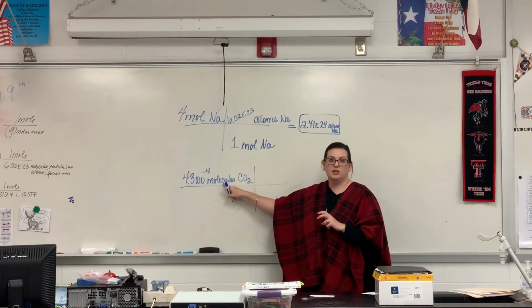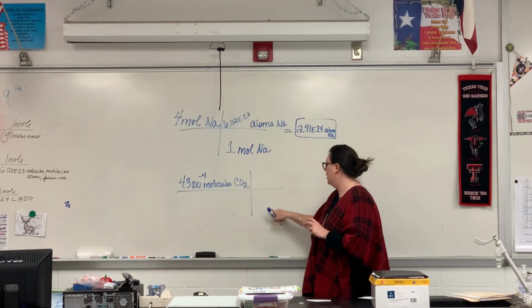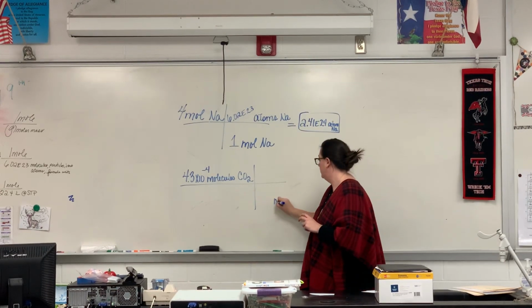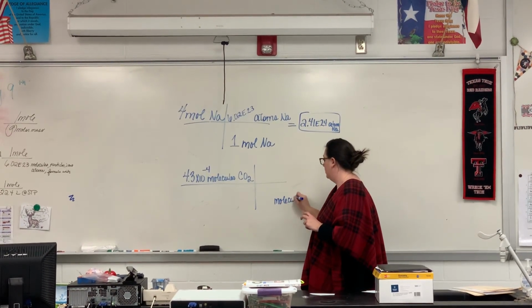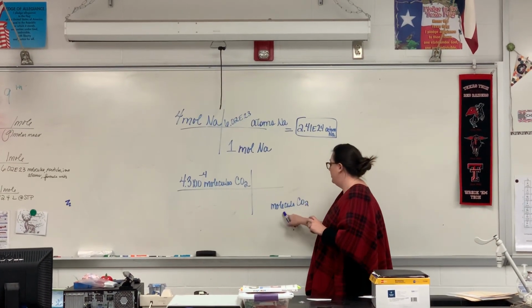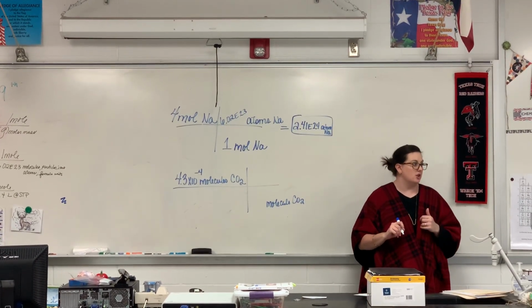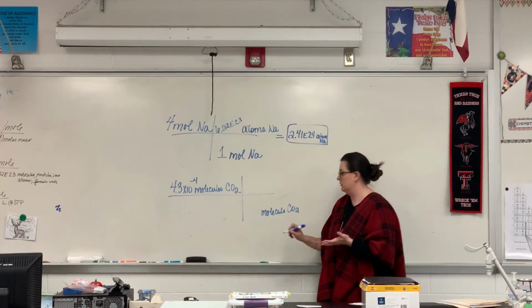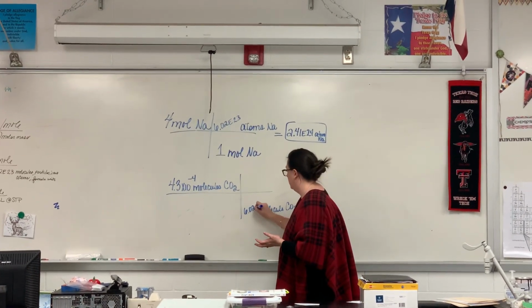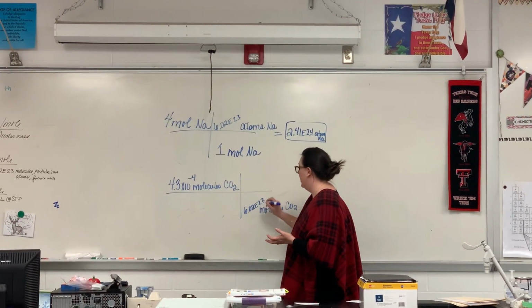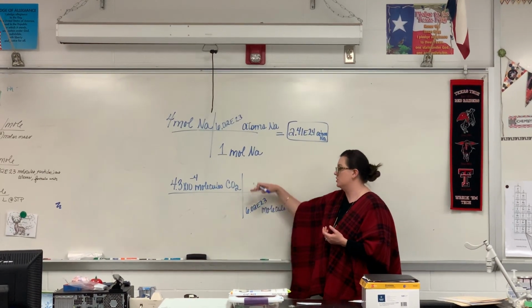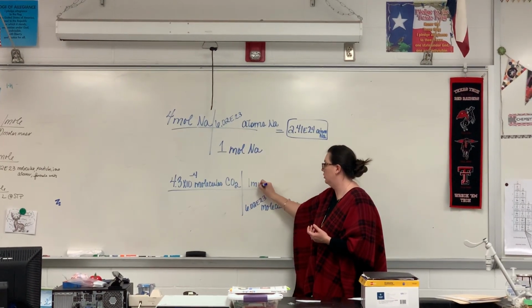What word do I have here? Molecules. So what word has to go here? Molecules. Big word. It's got a big number next to it. What number goes next to molecules always and forever? 6.02 E 23. That always and forever equals 1 mole.